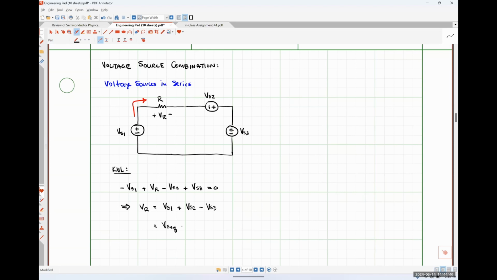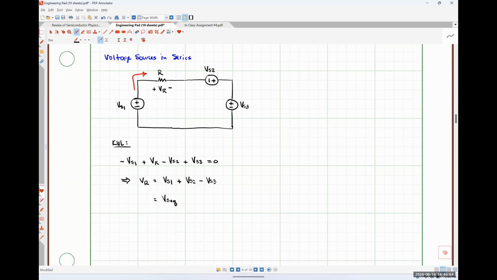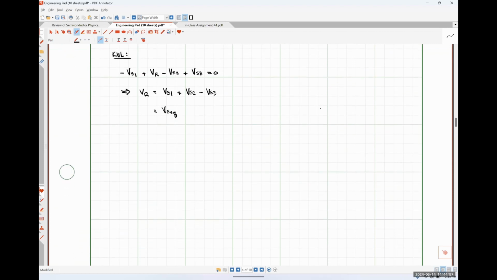Think about this in the context of changing the batteries in a flashlight. Let me draw a very simple circuit down here. Let's say that we had one battery, then another battery. Let's make this a 1.5 volt battery, like a double A battery.